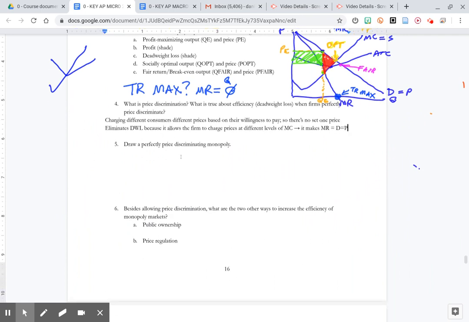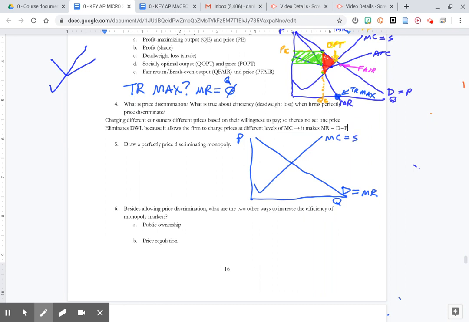Now, a quick picture of what that would look like, right? A perfectly price discriminating monopoly, like this. And instead of having the demand and the marginal revenue be separate, it would be over here: price, quantity, and I'm going to draw an artificial one here. Marginal cost equals the supply. And so now, right, they're going to produce where MR equals MC, which is at the socially optimal quantity.